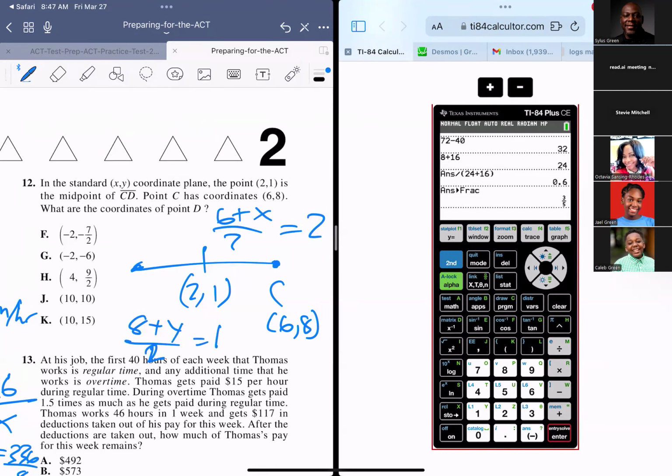Okay, so now you solve these equations. 6 plus x equals 4, so x is 6 plus negative 2. And then 8 plus what equals 2, because you have to multiply by 2 on both sides. Negative 6. So that means the x value, x equals negative 2, and the y value, y equals negative 6.